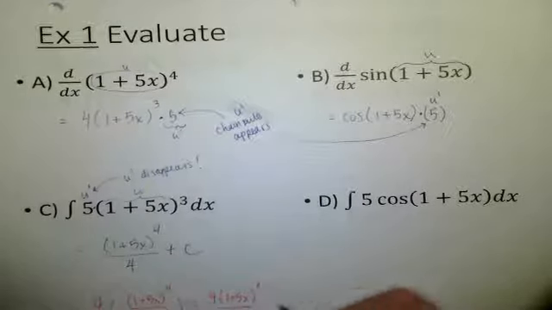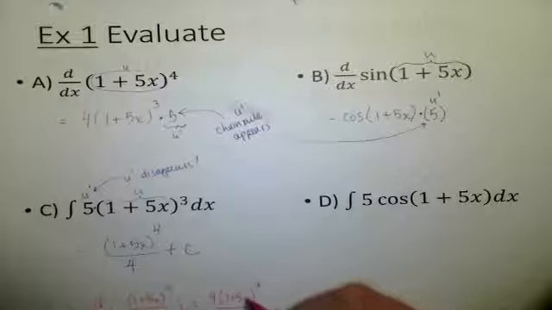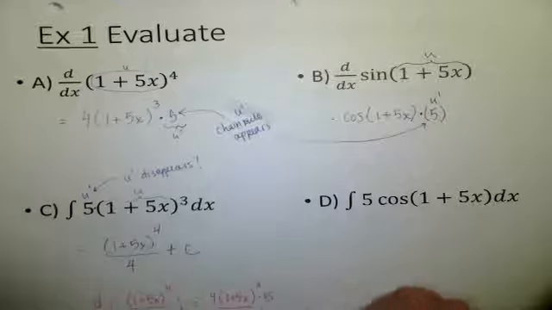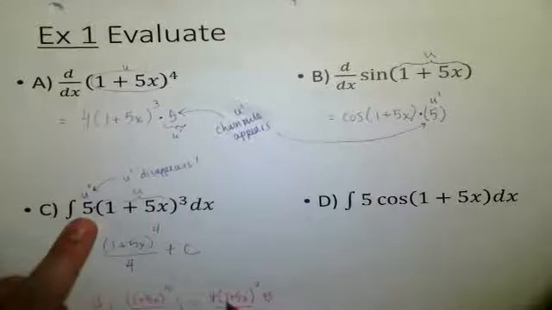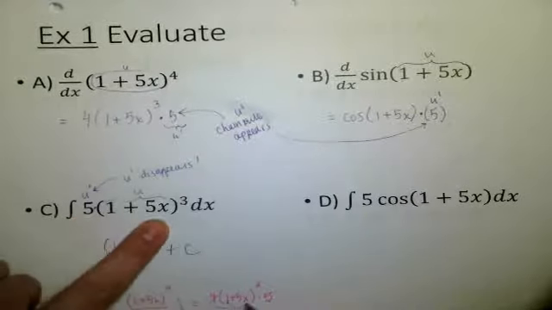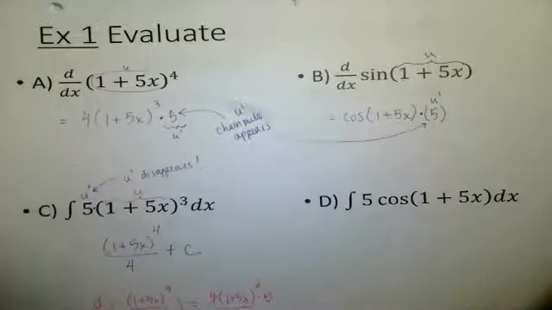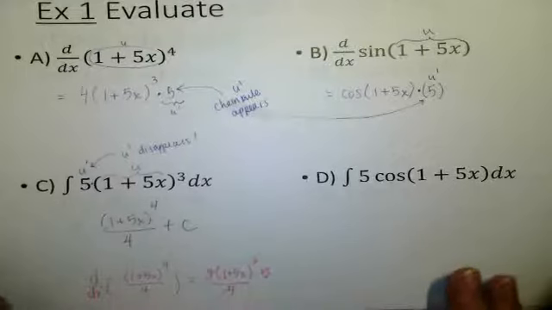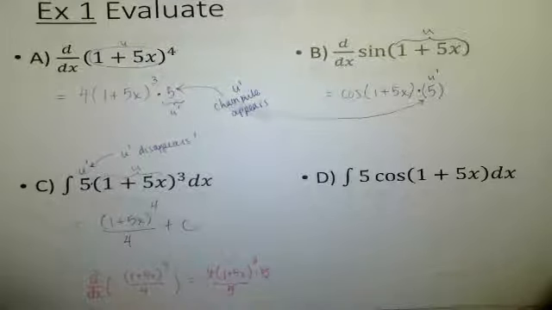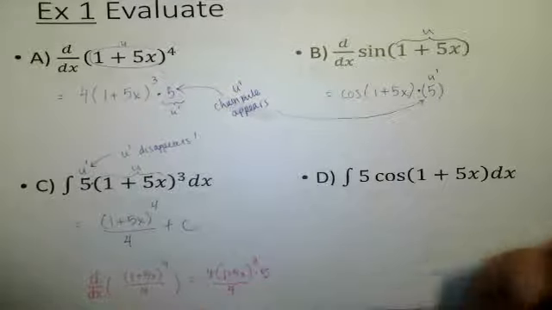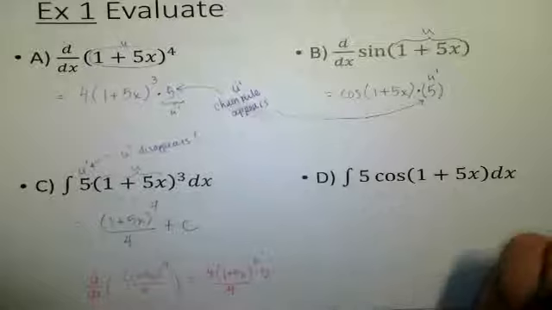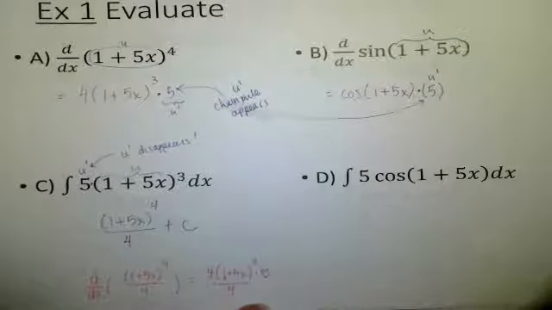It's over 4, but I have to remember I have to multiply by the chain rule here, the derivative of the inside, 0 plus 5, so just 5. And you'll see the 4's cancel out, and we're left with 5 times 1 plus 5x all to the third power. So, oh, you can't see that. Oh, my bad. There you go. All right. So you can see, when in doubt, check it out. It just works in so many situations.